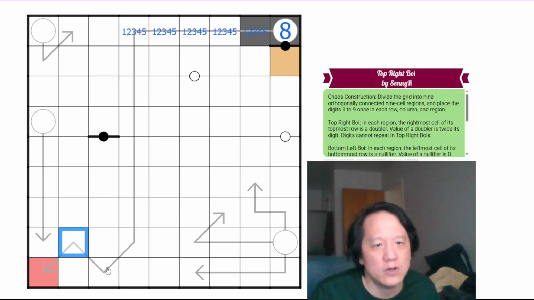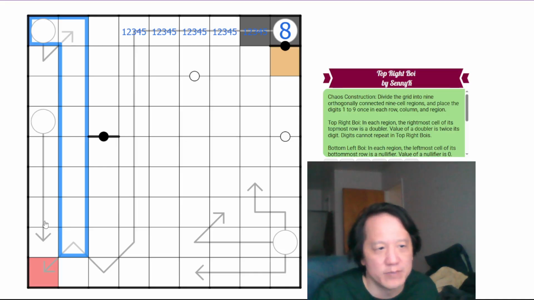So if these have to be bottom left boys, you could have this. So what is the bottom left? I guess you could do something like that, right? That is the bottommost, that is the leftmost cell of the bottommost row.